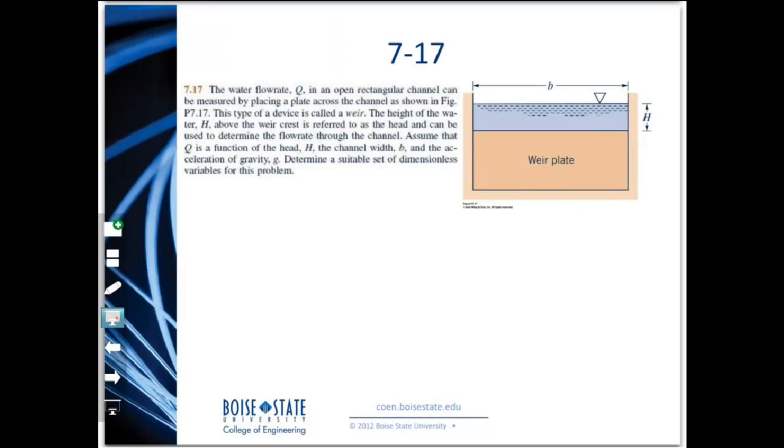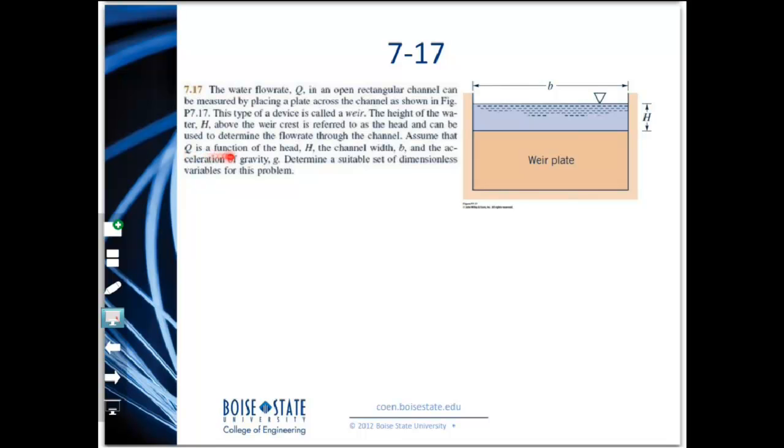let's move on to the next problem. The water flow rate Q in an open rectangular channel can be measured by placing a plate across the channel as shown in this figure. This type of device is called a weir. The height of the water H above the weir crest is referred to as the head and can be used to determine the flow rate through the channel.